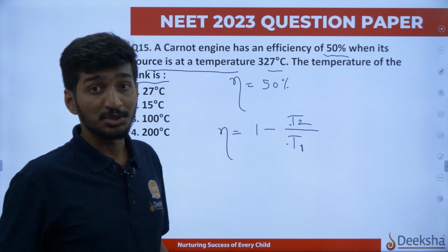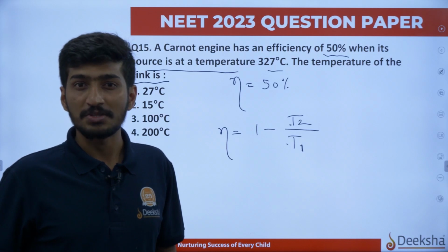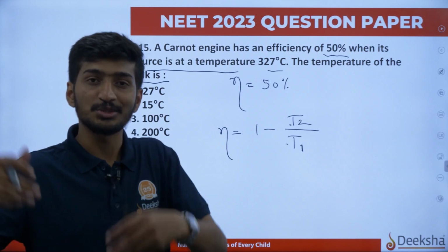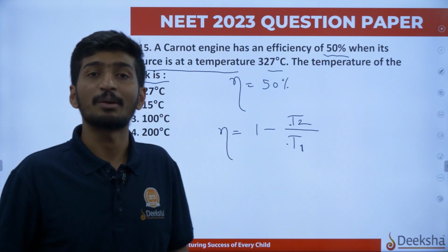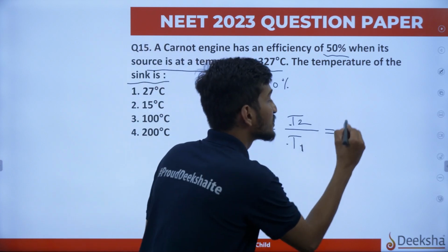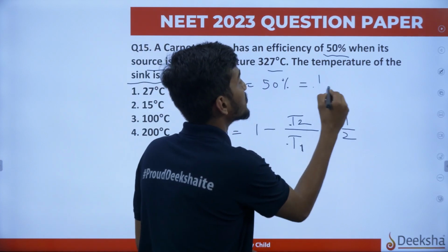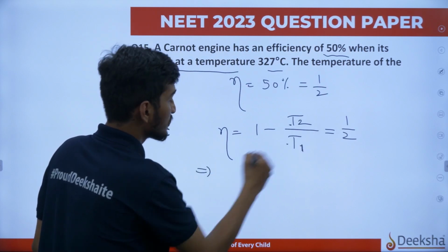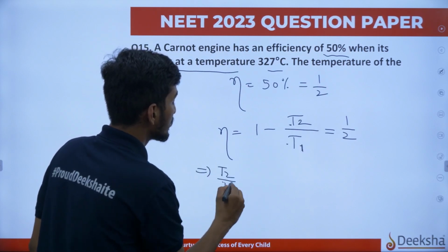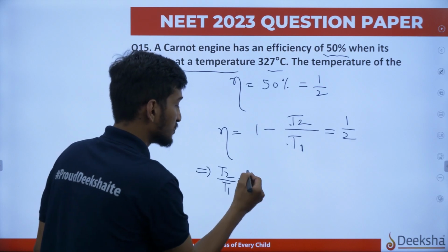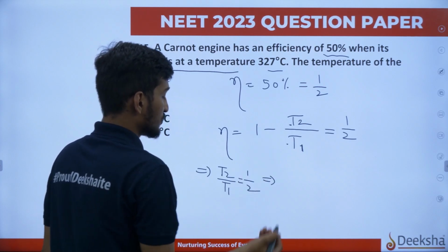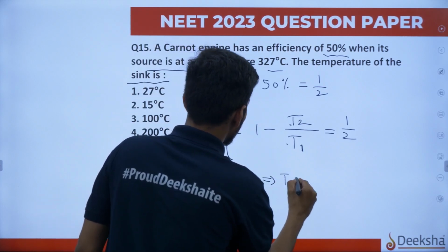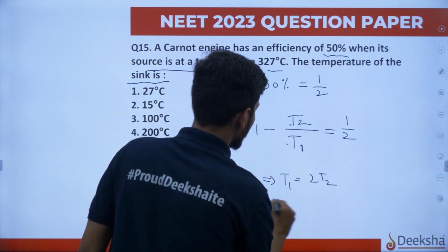This 1 minus T2 by T1 should be how much? 50%, as in the ratio, should be how much? 50% is 1 by 2. So this should be equal to 1 by 2. From here I can see T2 by T1 should be 1 minus 1 by 2, which is 1 by 2. In other words, T1 should be 2 times T2.